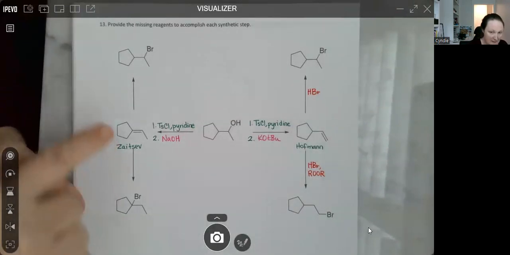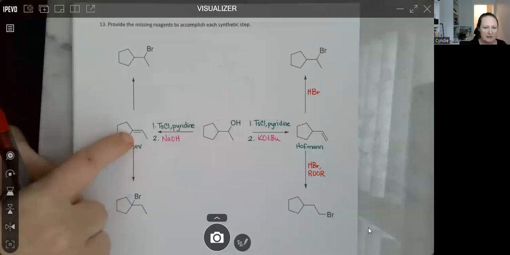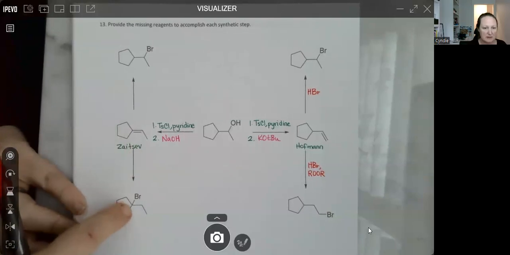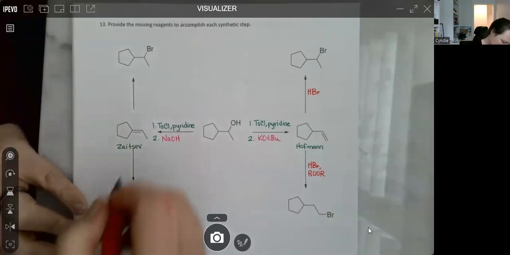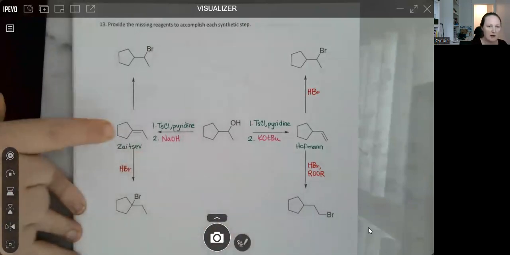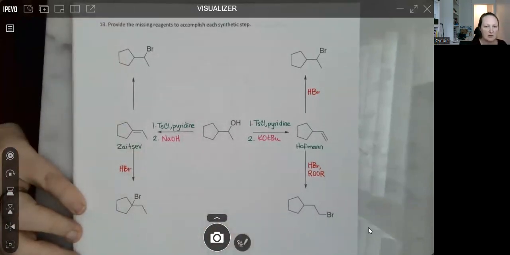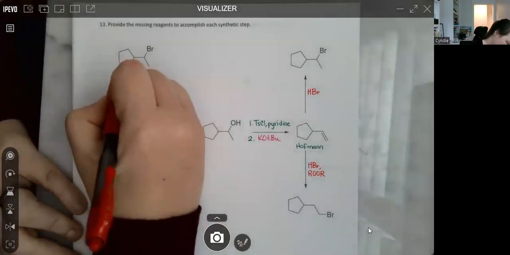So in this case, Markovnikov is actually going the opposite direction, going down, because the bromine is ending up on the most substituted position here. So we would want to write HBr. And then anti-Markovnikov is the reaction going up here. So HBr and peroxides.